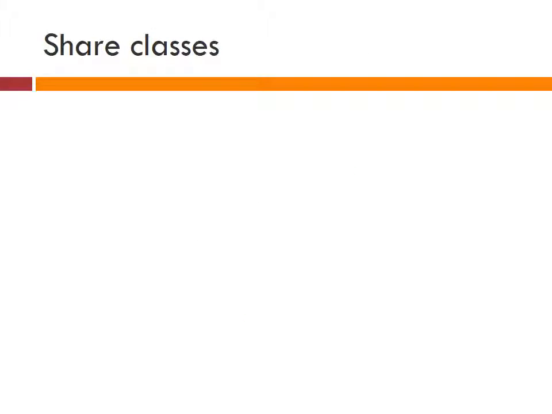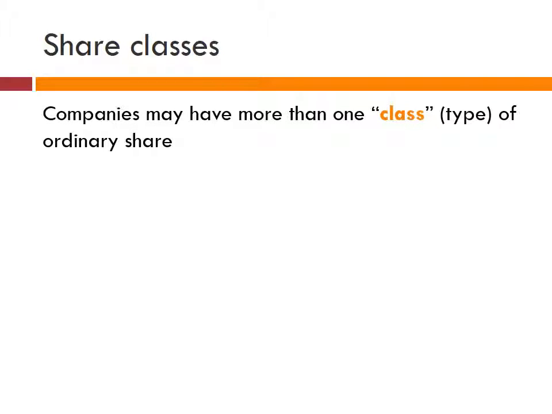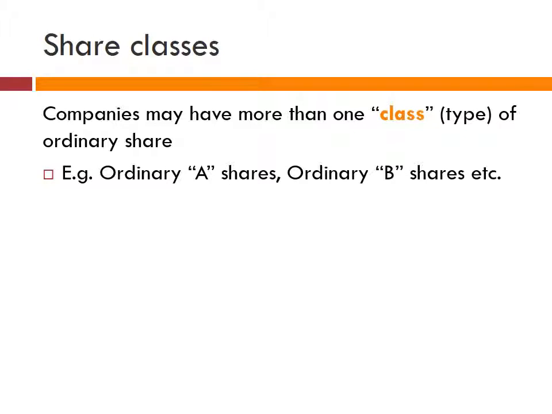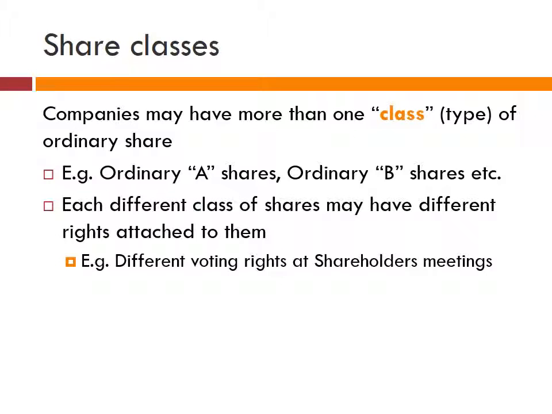When we talk about ordinary shares, or indeed any particular shares, a company can have more than one class or type of share. So for instance, a business might have ordinary A shares, ordinary B shares, ordinary C shares, etc. Now each different class of shares will have different rights attached to them, and when I talk about rights, I'm talking about things such as voting rights at shareholders meetings.